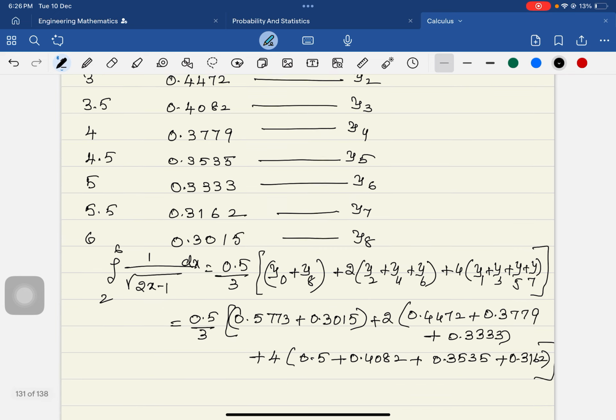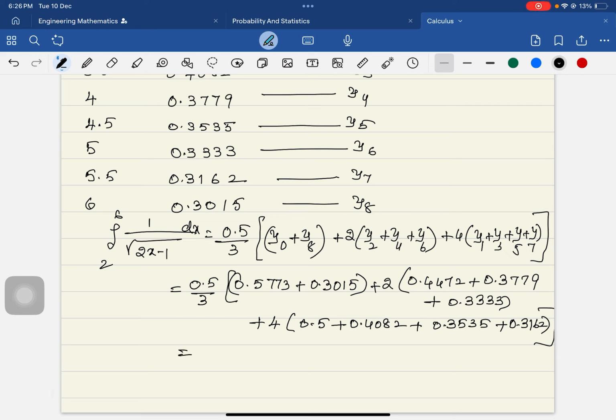So that is the answer. So when you do all the calculations, you will get the answer as 1.583.